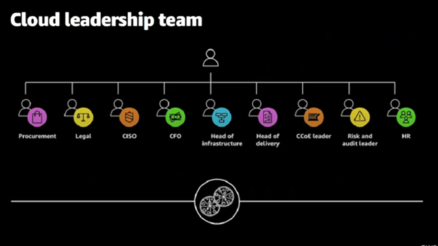We have our CFO on board, our CISO, our procurement head, our legal compliance, our head of HR, and our head of infrastructure and application delivery. We also nominated the cloud excellence team leaders to the board as well.